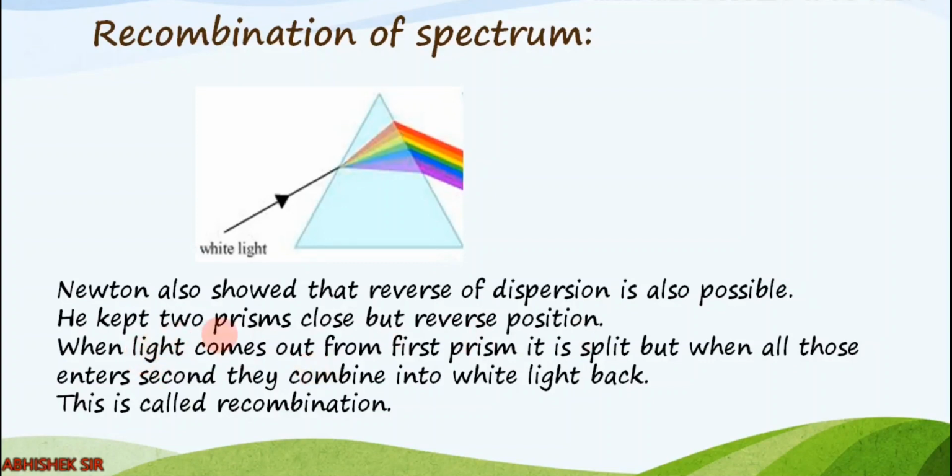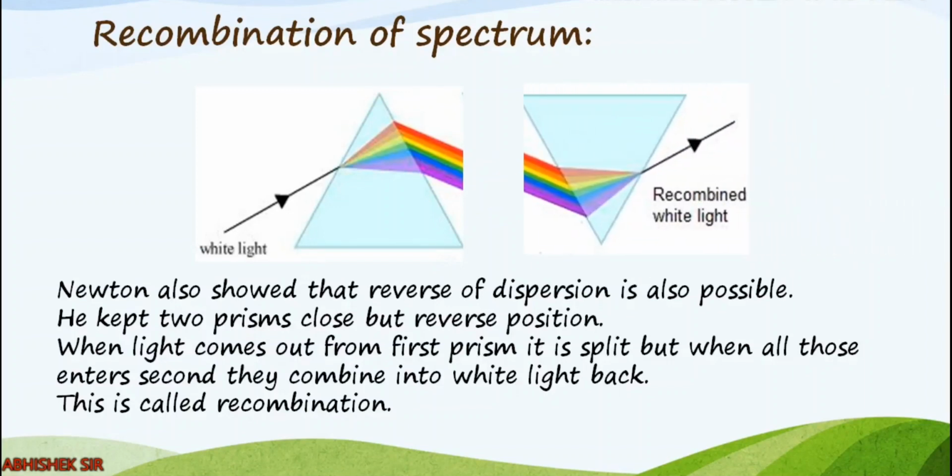So what he did, he kept two prisms close but in reverse position. What is shown on the screen is dispersion. Clear? Now let us see how he did the opposite of dispersion, that is recombination. Let us see how he kept the other prism to get white light again. There you go.